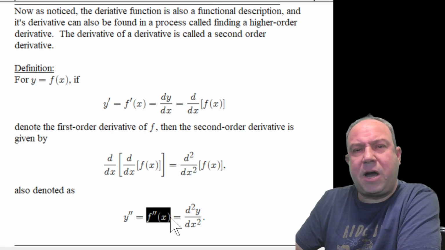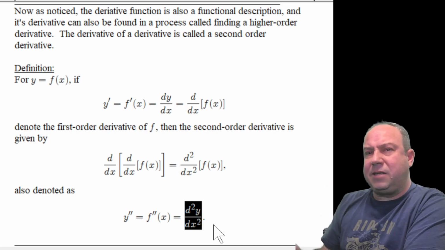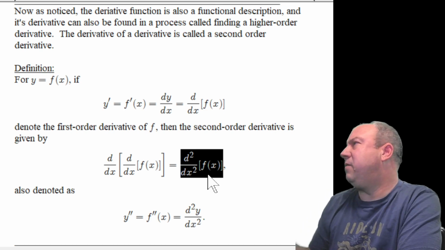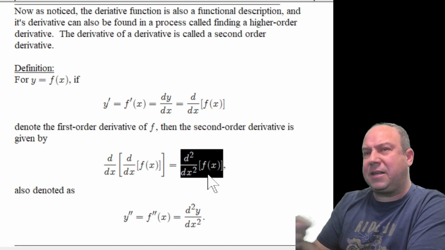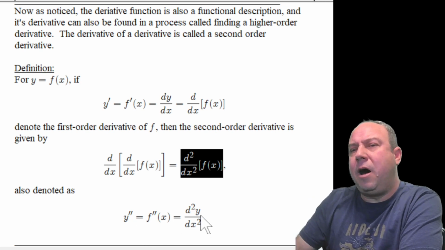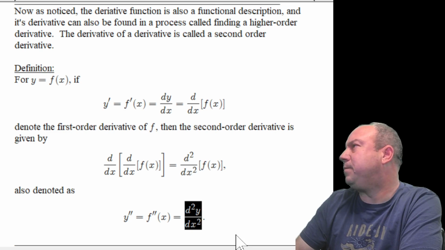We can use double primes on y or f, or when we think about applying it in a Leibniz situation, we can think of the second derivative of f with respect to x as illustrated for f of x above, also with respect to y, illustrated as seen here.